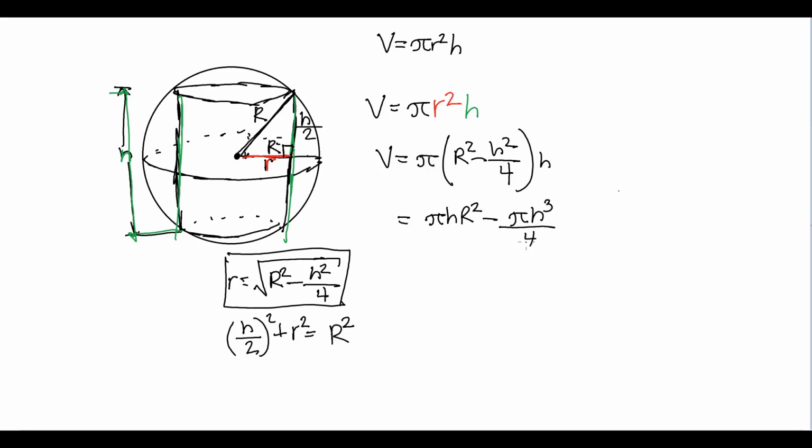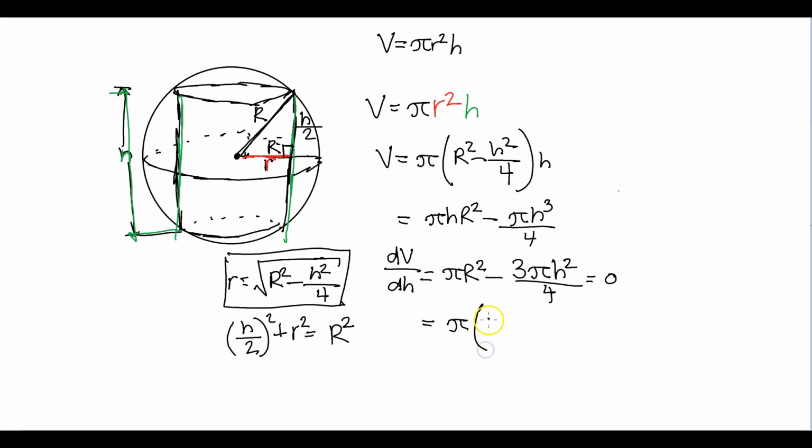So why don't we take the derivative with respect to h, dV/dh. We just take the derivative: pi R squared minus 3 pi h squared over 4. Now let's get all this clunk out of the way. All the pi's we can factor out when we set this to 0.